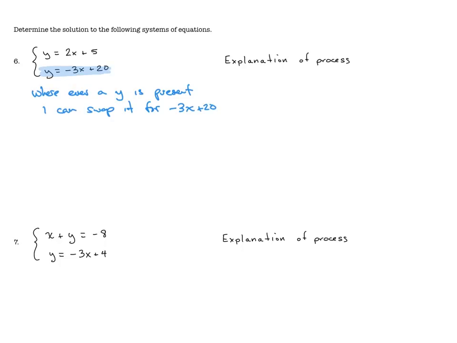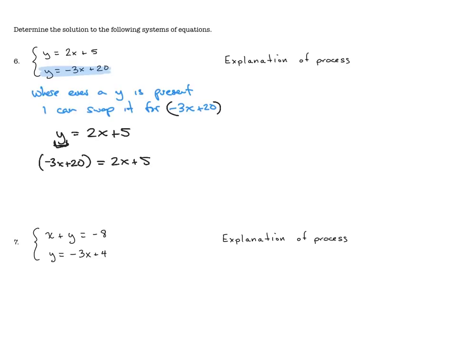So I go to the second problem, I pluck that one out, and I go, okay, y equals 2x plus 5. And wherever I see a y, so here's a y, I'm going to swap it for this quantity of negative 3x plus 20. So again, I'm going to use parentheses. So I have negative 3x inside parentheses plus 20 equals this 2x plus 5.